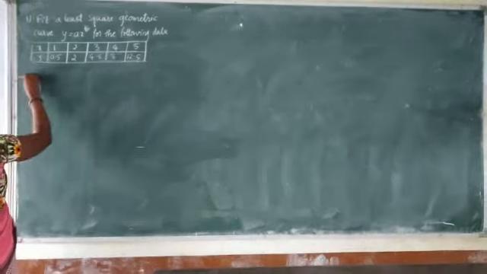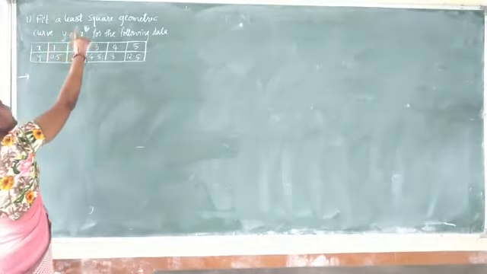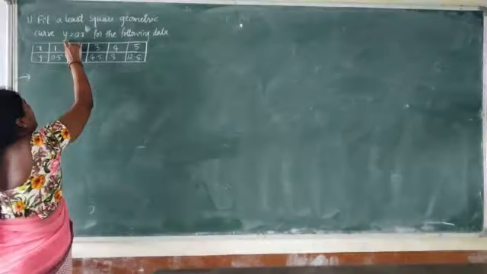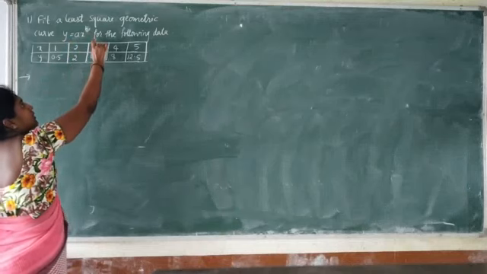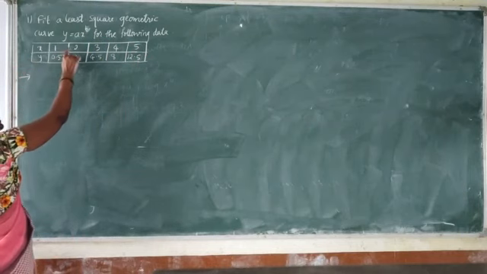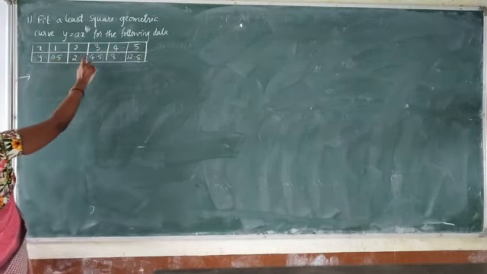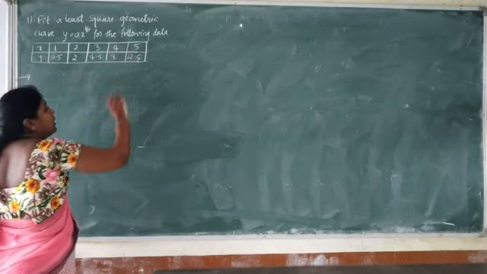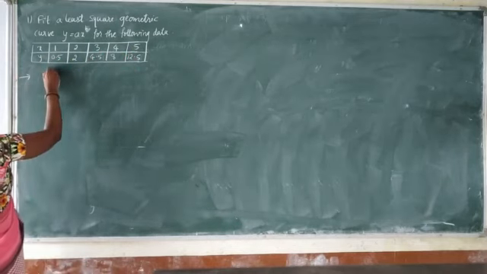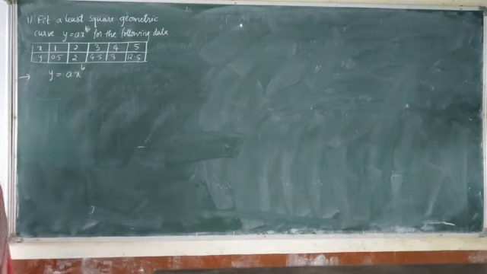On that curve fitting, let us have an example. Fit a least square geometric curve y equals ax raised to b for the following data. Here x and y are given. X values are 1, 2, 3, 4, 5. Y is 0.5, 2, 4.5, 8, 12.5. Let us consider the given curve y equals a into x raised to b.